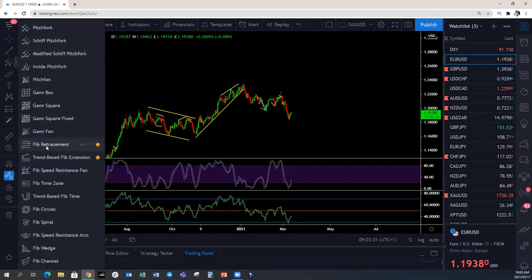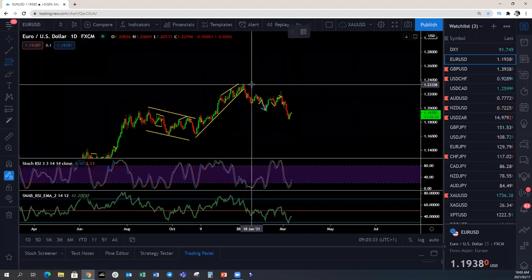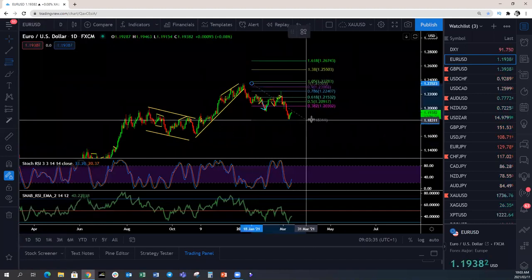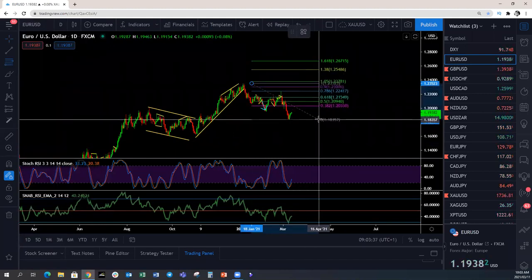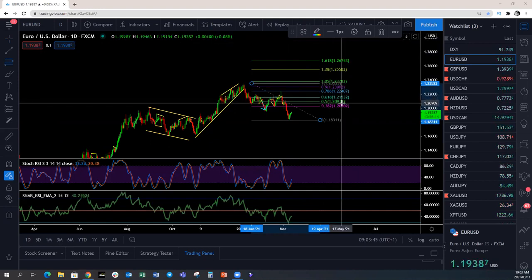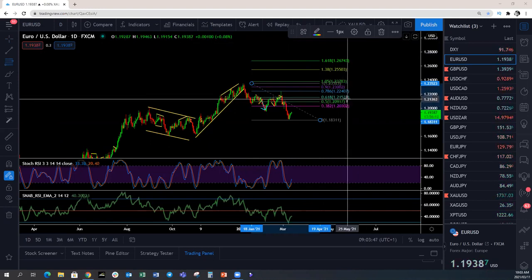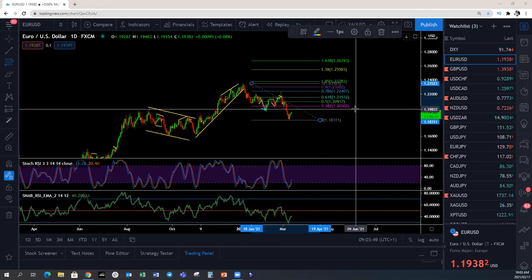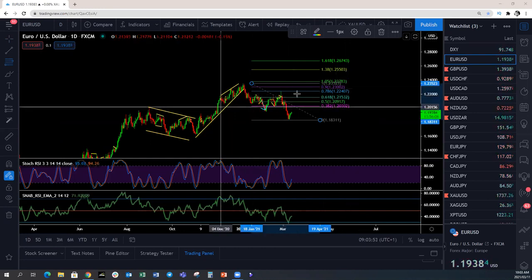Let's get the retracement tool. There. Actually, the 50% is around this area. 61%, 51%, 120.91. Let's say 1.21, 1.21 on Euro US dollar.